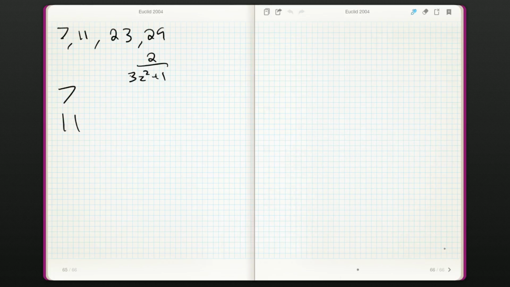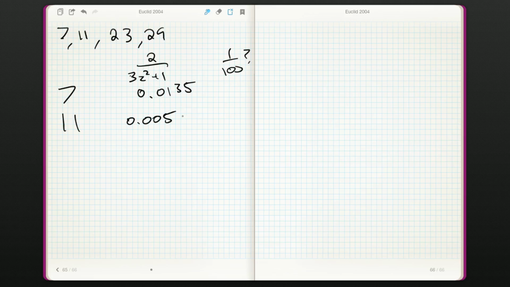So for 7, that's going to be 3 times 49 plus 1, and then multiplied by 2. 0.0135, that's actually kind of close-ish. So it's not far off. 11 squared, 121, times 3 plus 1, reciprocal, times 2. Oh, he's really far off. So far 7 is in the lead.